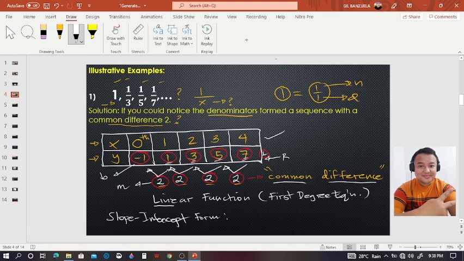And this is written in this format. So y is equal to the slope of the line, of course, your mx, then plus your y-intercept, which is our pattern to get the rule in this scenario.